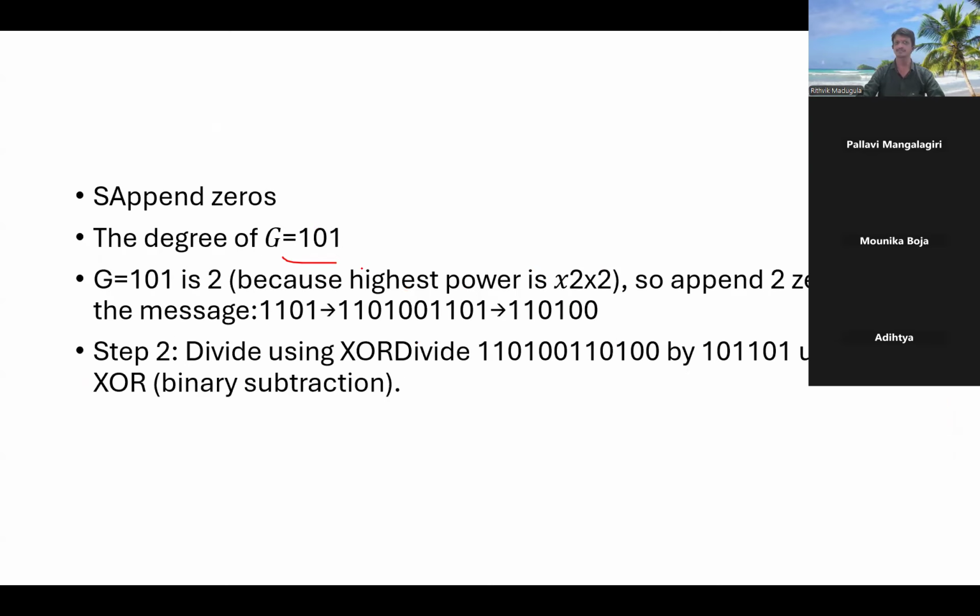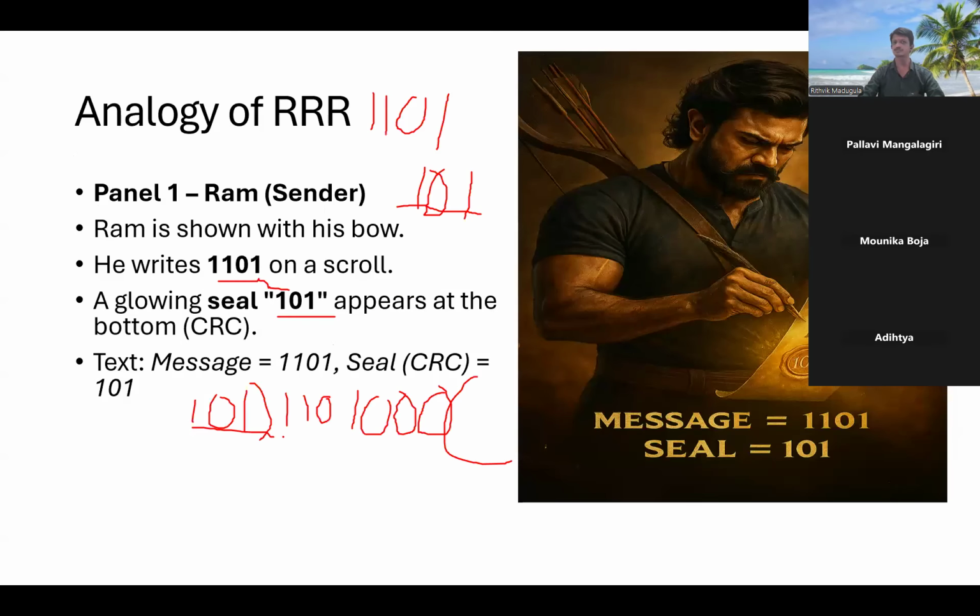That is the thing that happens. 101, it is going to add some sort of zeros, and based on the zeros, we are going to get one sort of remainder. So this entire operation will take place in the form of XOR. We are doing the XOR operation in this particular format.